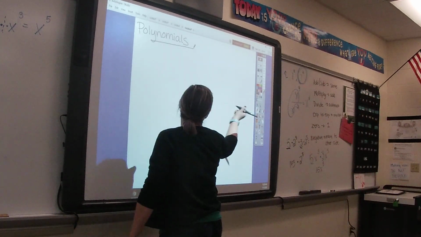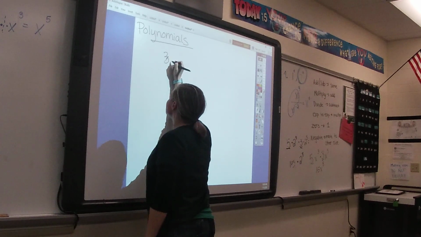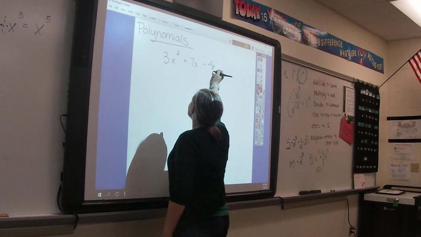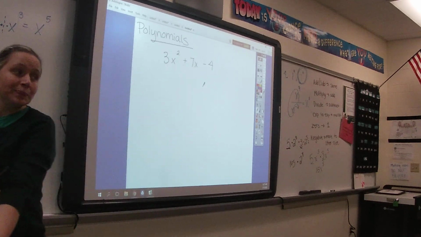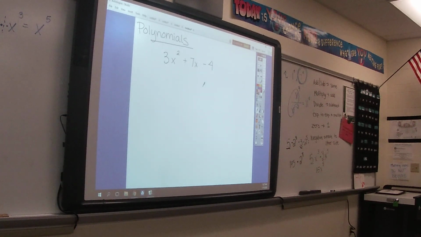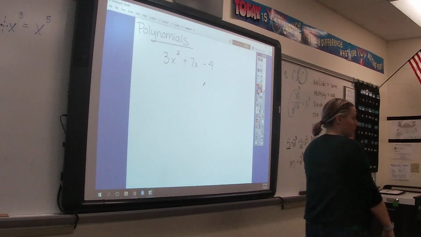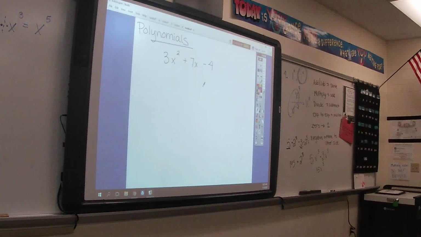So if we have something like 3x squared plus 7x minus 4, we would say that this is a type of polynomial because it has terms being added and subtracted from each other.